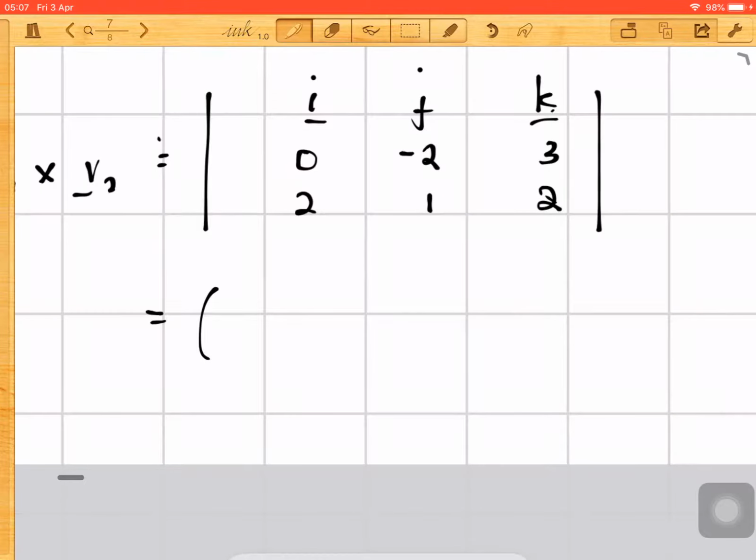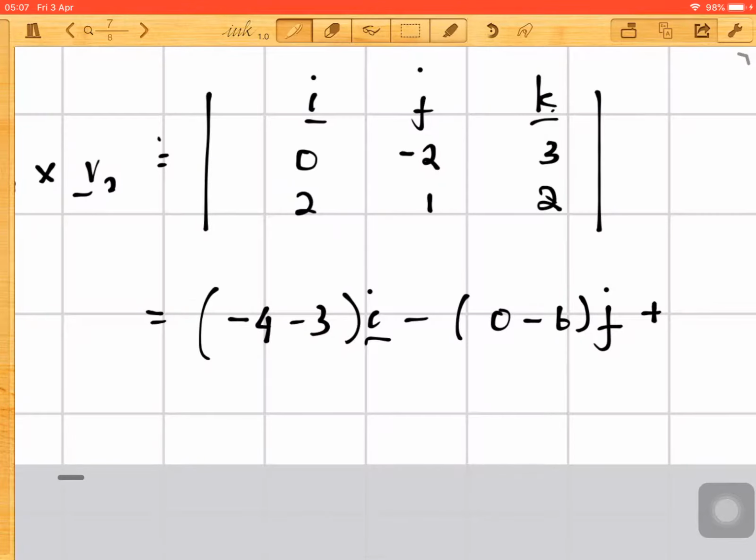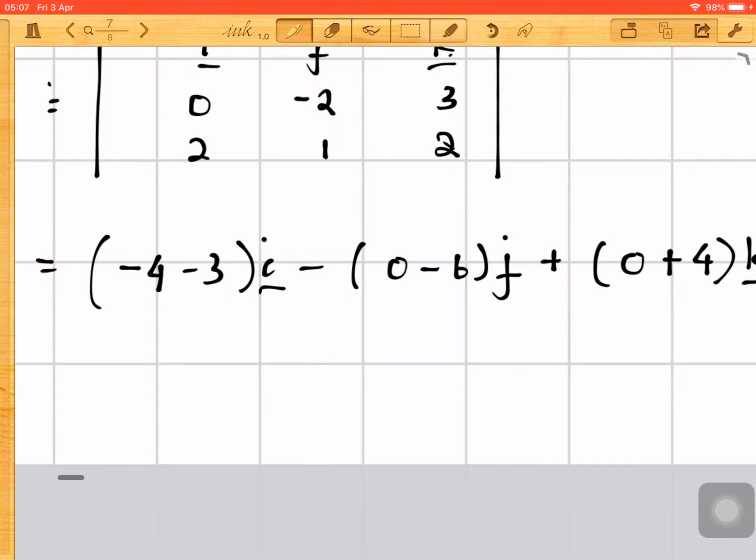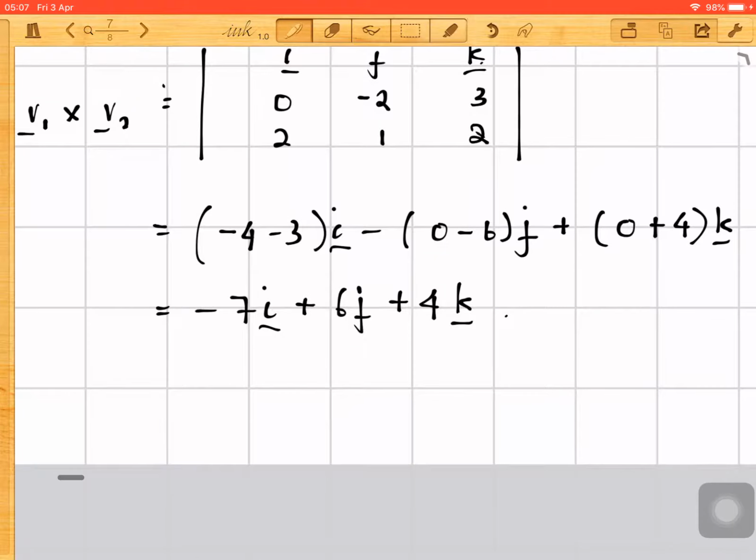We have -4 minus 3i, minus 0, minus 6j, plus 0, plus 4k, which gives -7i plus 6j plus 4k. So this is not 0.